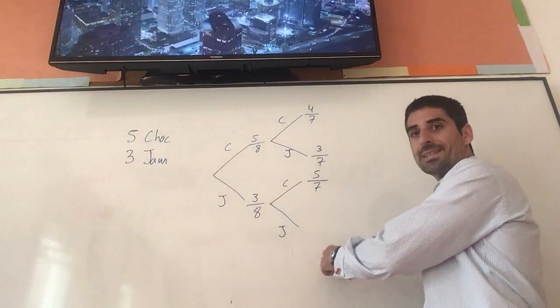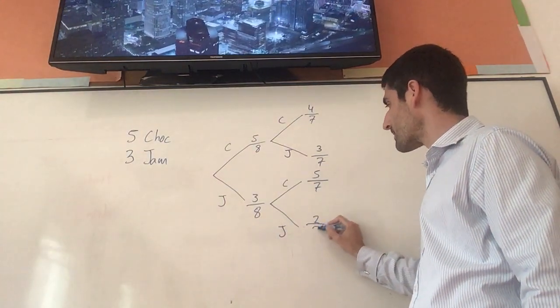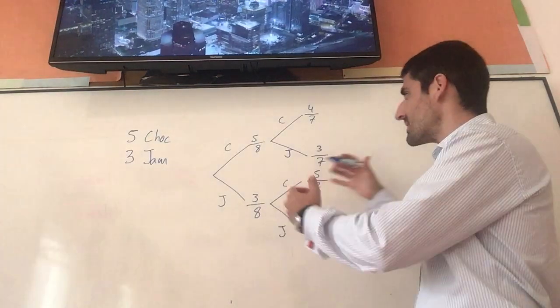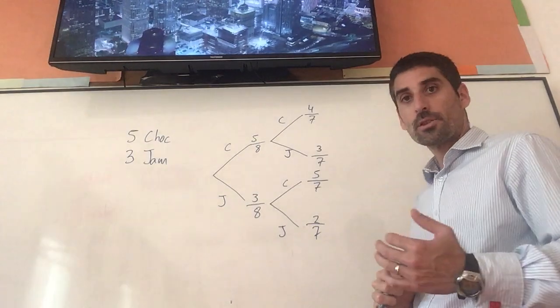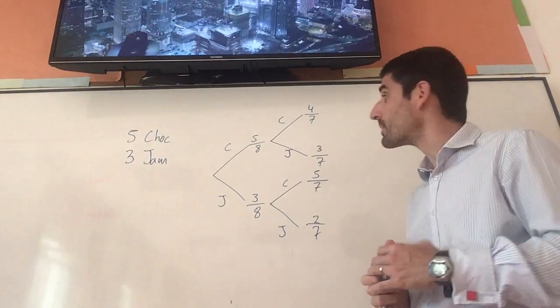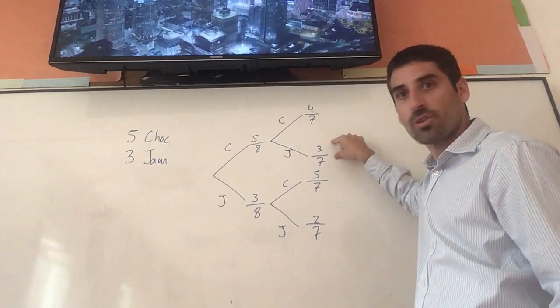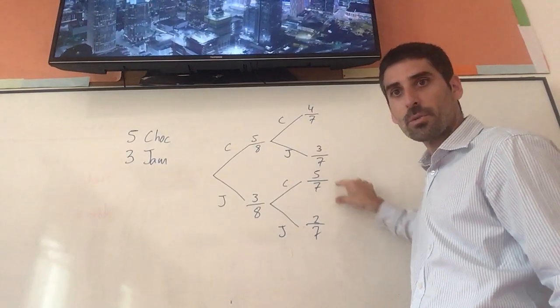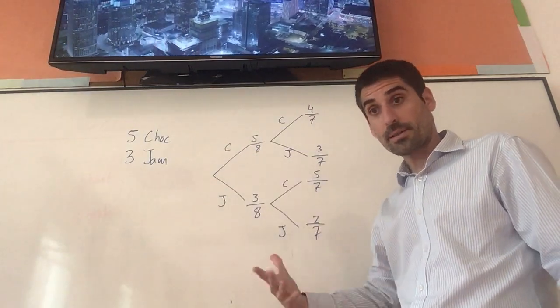And the probability of the second donut being jam is 2 out of 7. So this is how I would model the tree, and as you can see, it's called dependent probability, because these 2 probabilities are not the same as these 2 probabilities here, because they depend on what happens first.